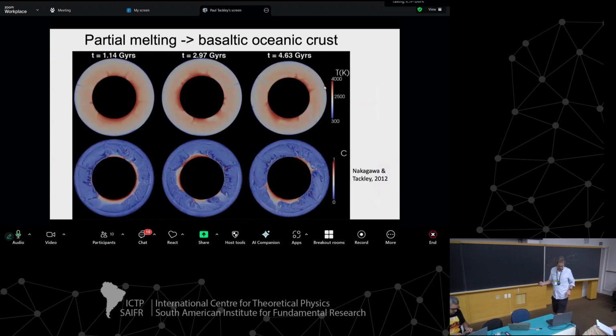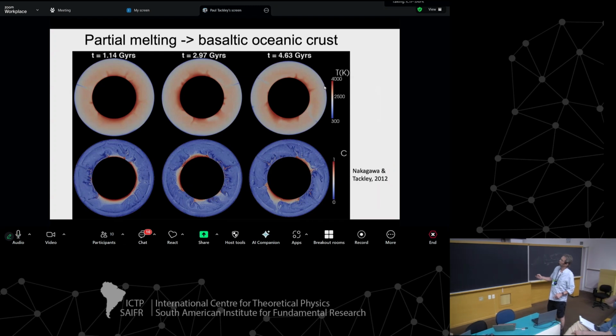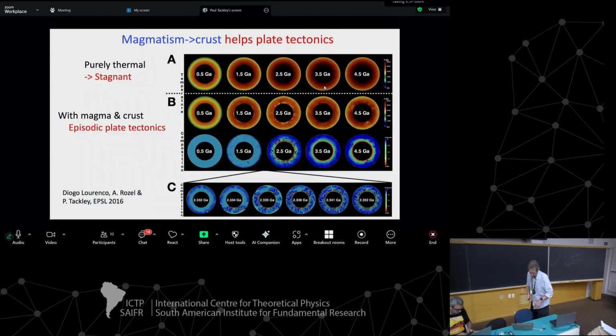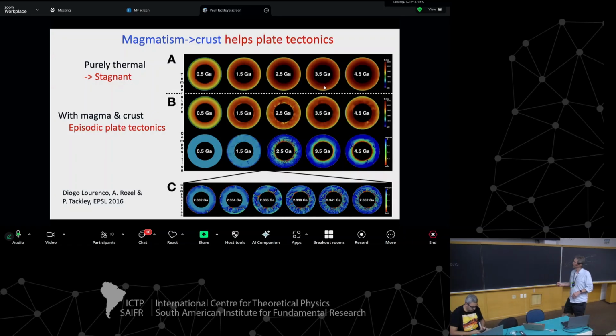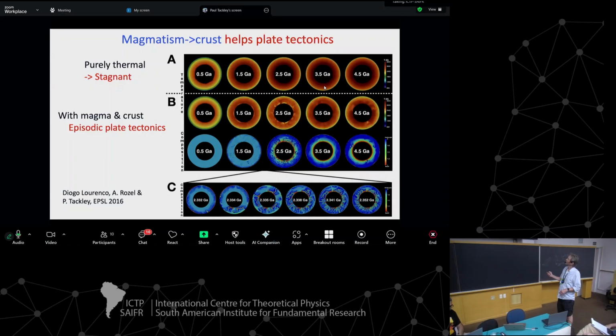What happens is that the basalt is produced at the surface. The red stuff is basalt, but then with time it can be subducted, or it can be delaminated, or different things, and it can accumulate at the bottom, and some may also accumulate in the transition zone. And Diogo showed that this can actually help plate tectonics.